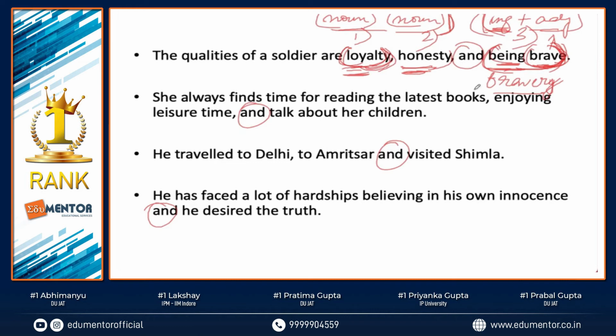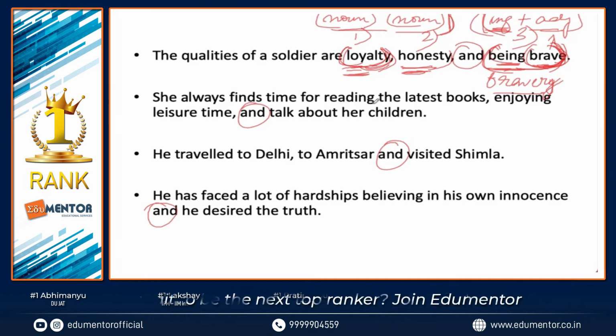Coming to the second one: she always finds time for reading the latest books, enjoying leisure time, and talk about her children. Moving on from the first sentence, which was about which part of speech is being used, we are now concerned about what form of a verb is being used.